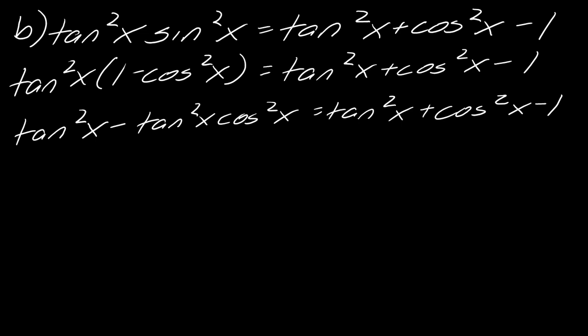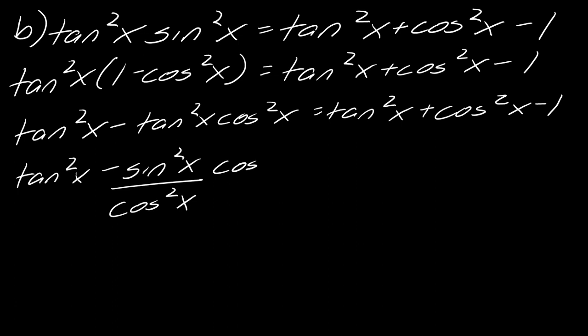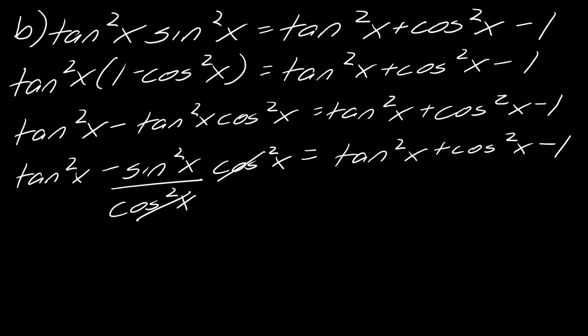Okay, so next, I feel like I can probably cancel some stuff out here. So you can see now that that can definitely be done, right? So this is tangent squared x plus cosine squared x minus 1. So the cosines will drop out.